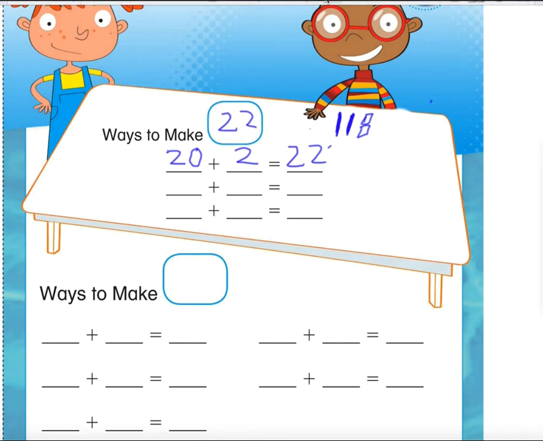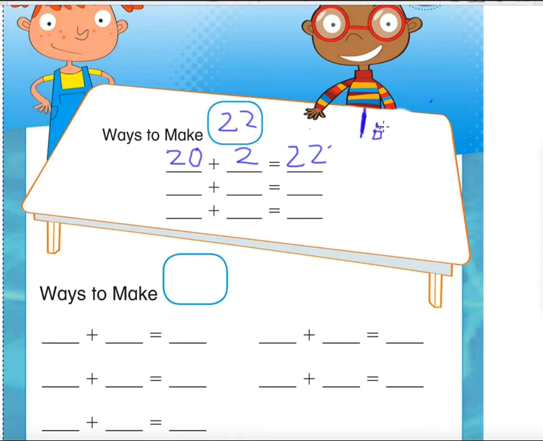What if we went crazy with these blocks, right? And we wanted to write 22 or make 22 in a different way. We could do that by having one 10 rod, okay, and then 12 cubes, because we took that one 10 rod and we broke it into pieces.